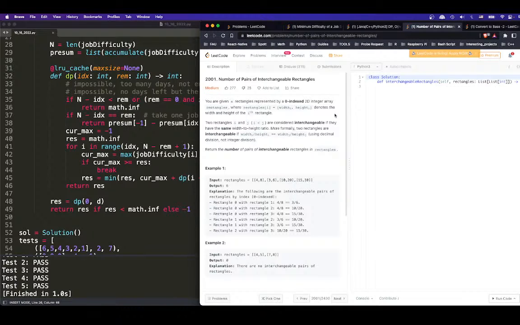Two rectangles are considered interchangeable if they have the same width to height ratio, so width divided by height. Use decimal division. Return the number of pairs of rectangles that are interchangeable. So for this case, 3, 6, 10, 20, 15, 30.